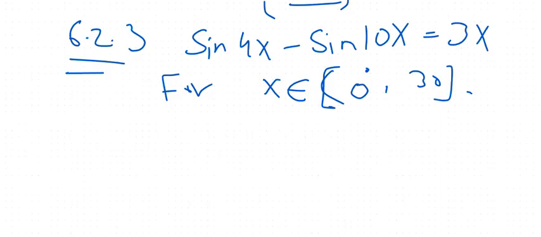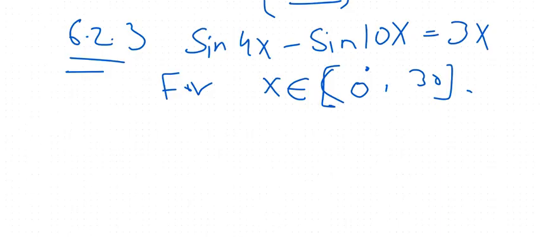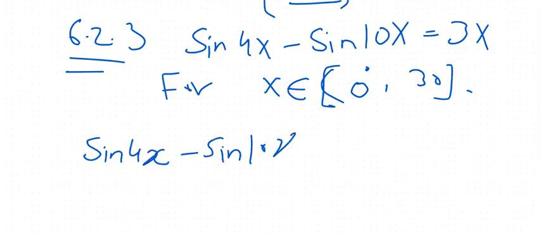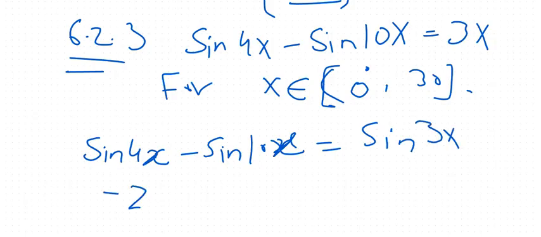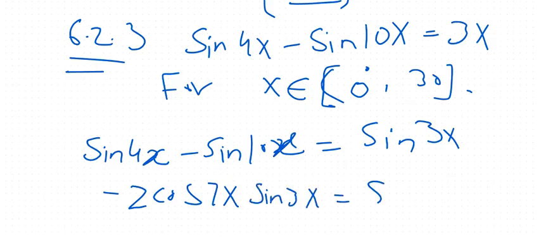So substitute the result from 6.2.2 into this equation. We have sine 4x minus sine 10x equals sine 3x. Now we have minus 2 cos 7x sine 3x equals sine 3x. Move all the terms to one side.